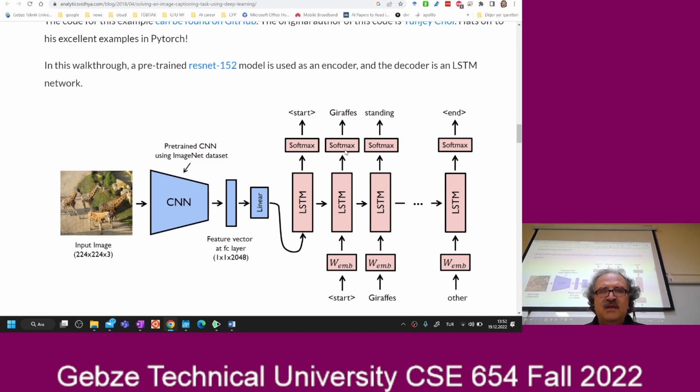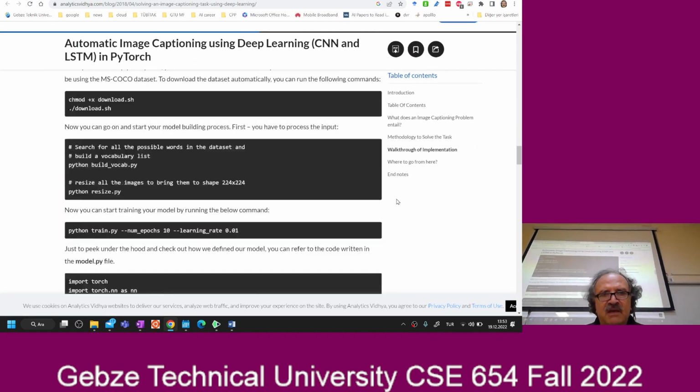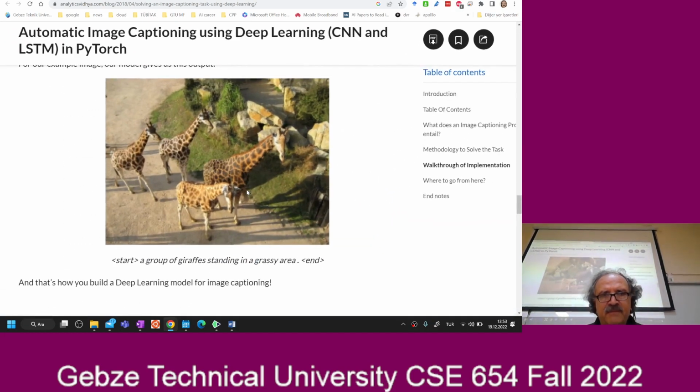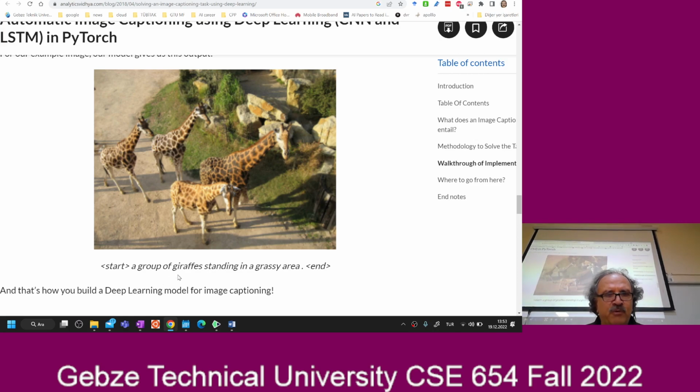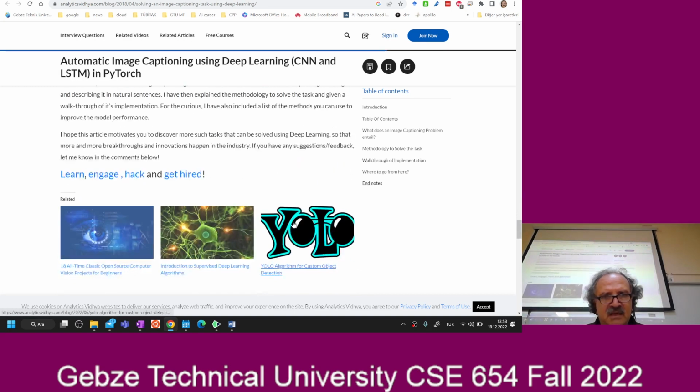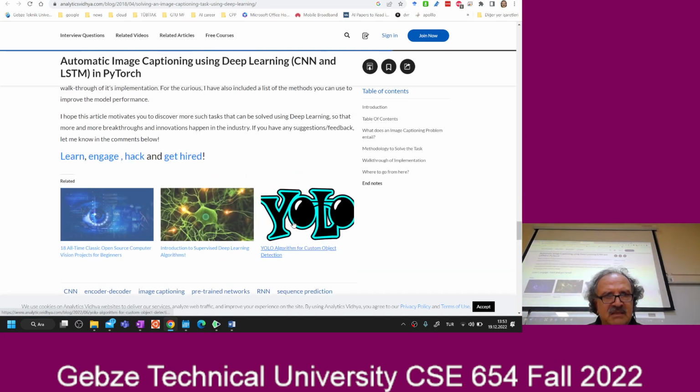After the start, you are going to produce giraffe. After giraffe, you are going to produce standing, and then and. That way it's going to work to some degree. A group of giraffes standing in a grassy area. This is how you train it.